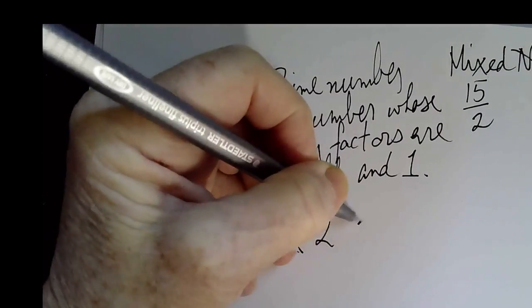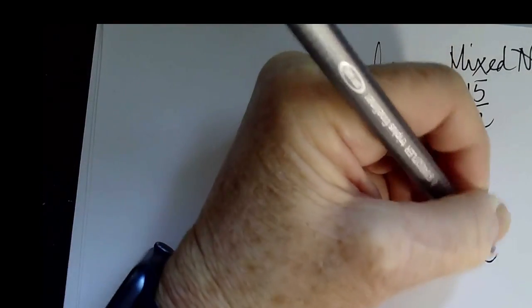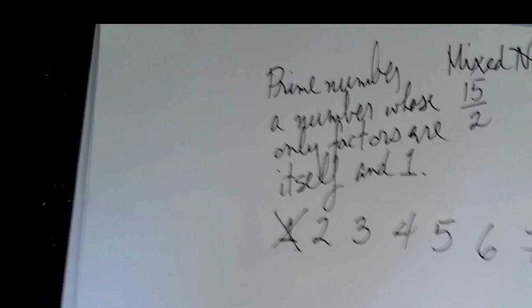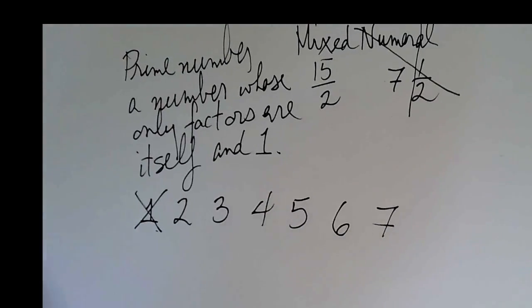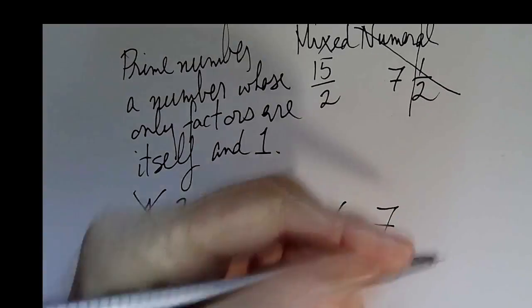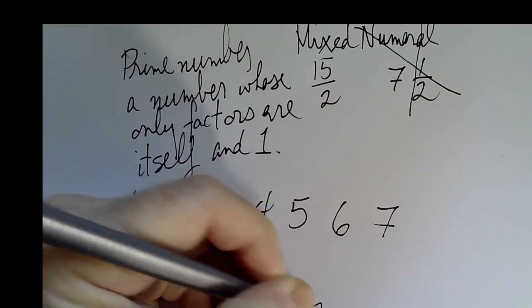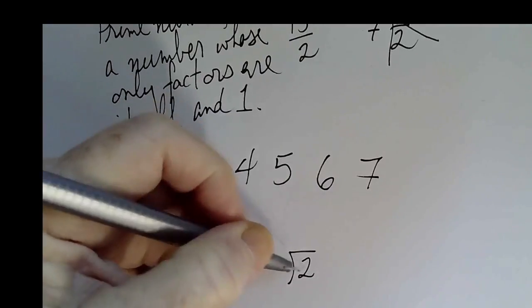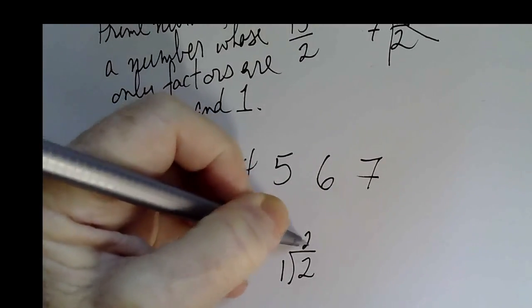Let's just write down the next several numbers. 2. Well, I know 1 will go into 2 and 2 will go into 2. In other words, if I have 2 divided by 1, I get a whole number answer.